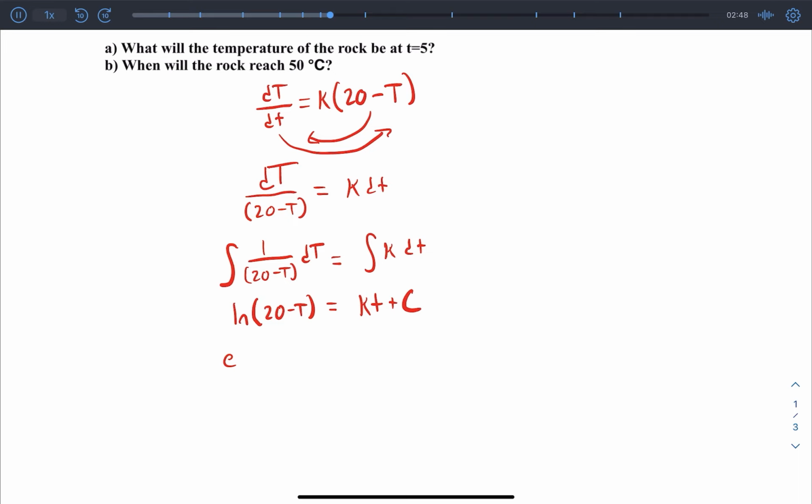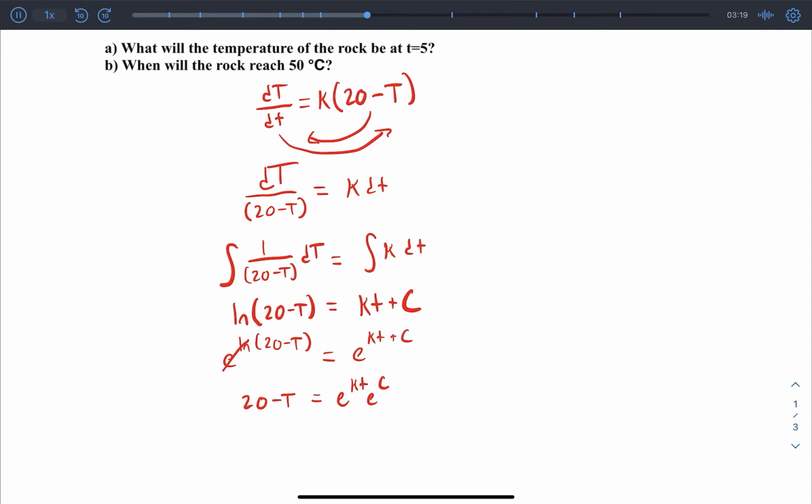So we're left with e to the ln of 20 minus T is equal to e to the kt plus c, because e to the ln just cancels out. Canceling it out, we're left with 20 minus T is equal to e to the kt multiplied by e to the c, using our exponent rules.